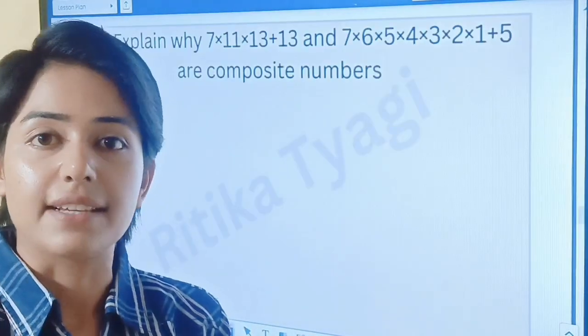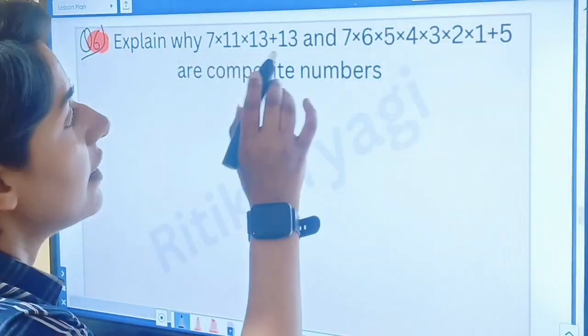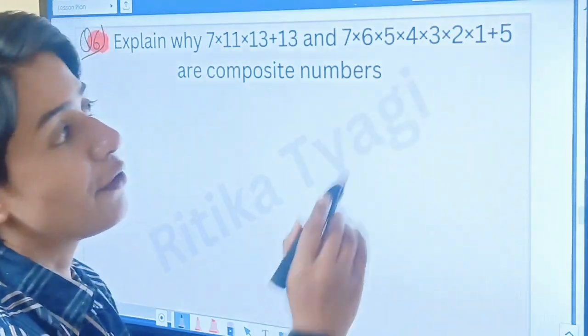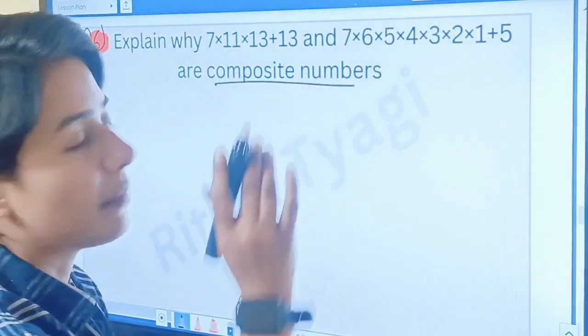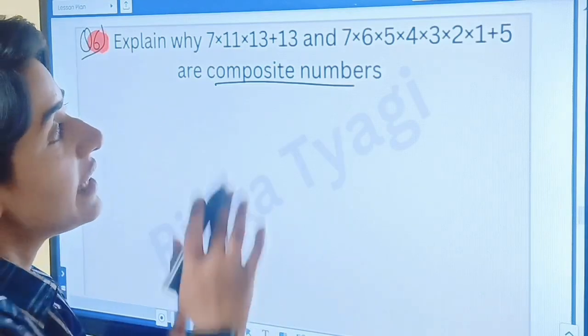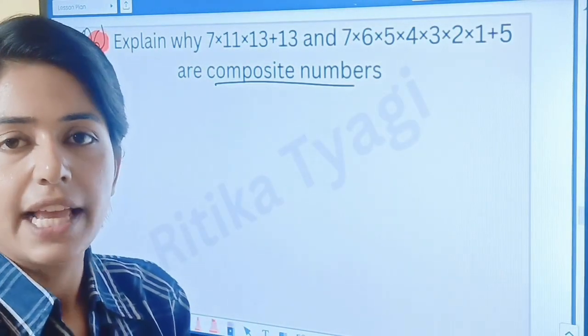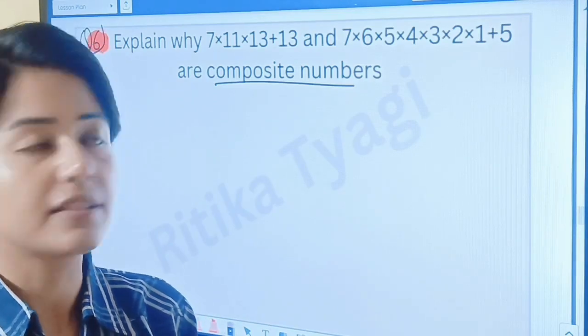Solving question number 6. Explain why 7 multiply 11 multiply 13 plus 13 and 7 multiply 6 multiply 5 multiply 4 multiply 3 multiply 2 multiply 1 plus 5 are composite numbers. We have to prove why these numbers are composite. So we have to find their factors. As we know, composite numbers are the numbers which have more than 2 factors.